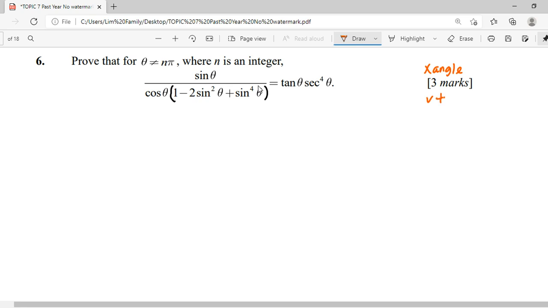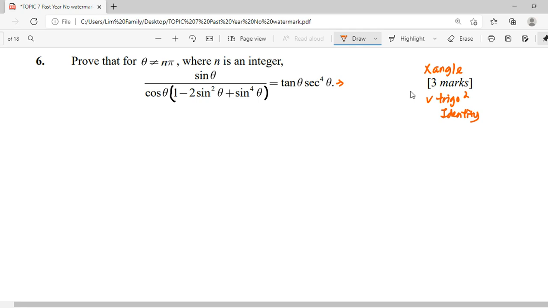So we have different trigo terms and powers. It might involve our identity because we have squares. Just by looking, we have a guess: trigo operation with square, so it might be an identity. And from the answer here, we can guess tangent.